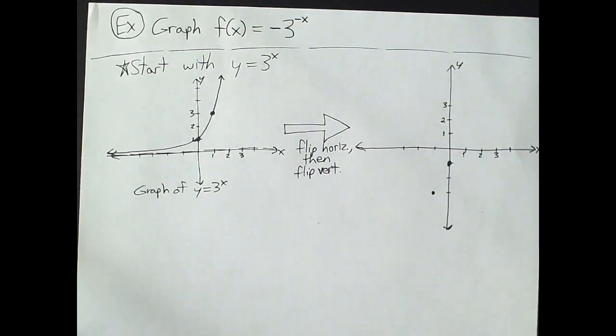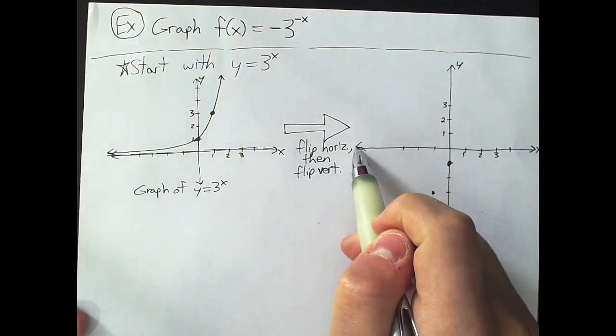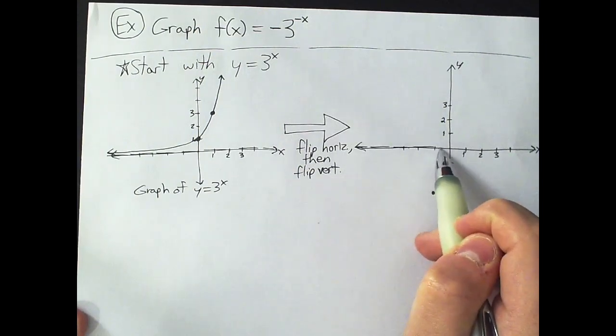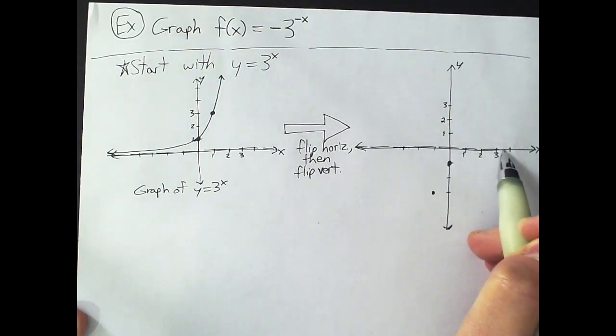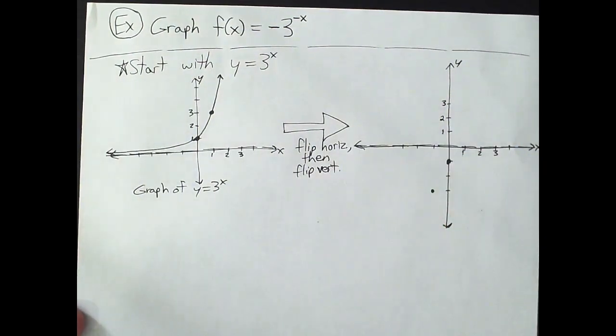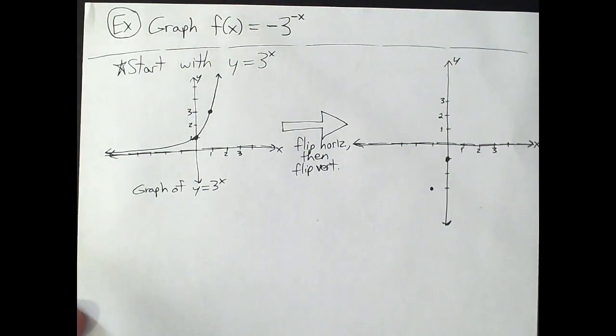And I think seeing those 2 points helps me see what the overall shape of this thing needs to look like. The asymptote, if you flip the asymptote vertically and horizontally, it's still going to be here. We're not rotating the asymptote or anything. We just take that dashed line and flip it horizontally and flip it vertically. It's still in the same spot.